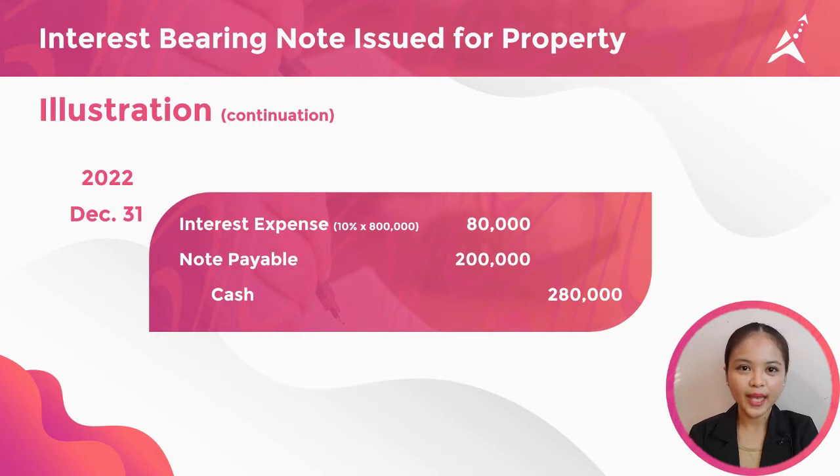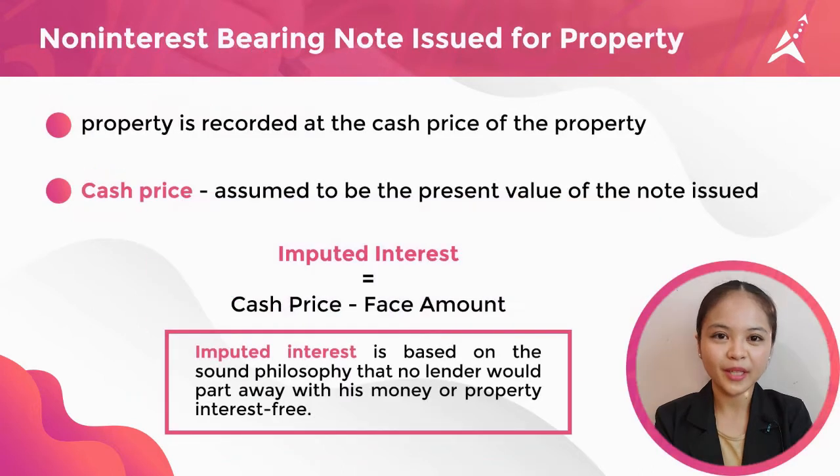Next, we will debit again note payable for 200,000 pesos and then credit cash for 280,000 pesos. I hope you are still fine with our discussion. If yes, let's move forward to non-interest bearing note issued for property.